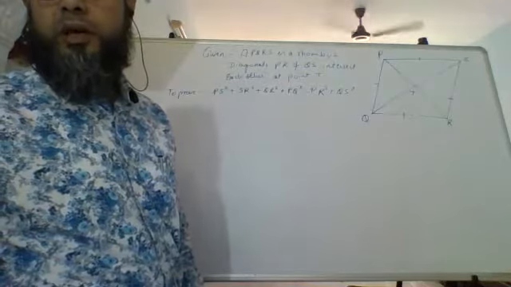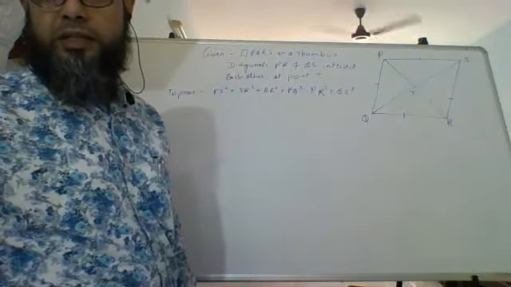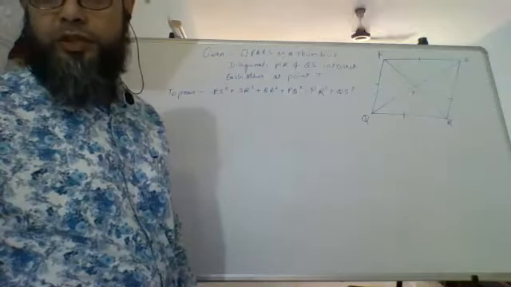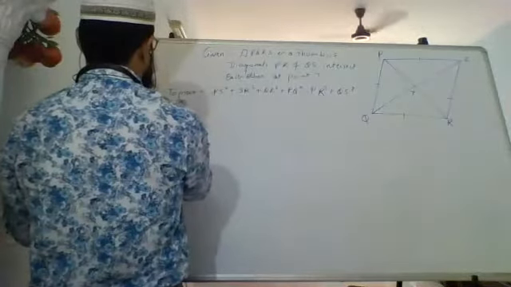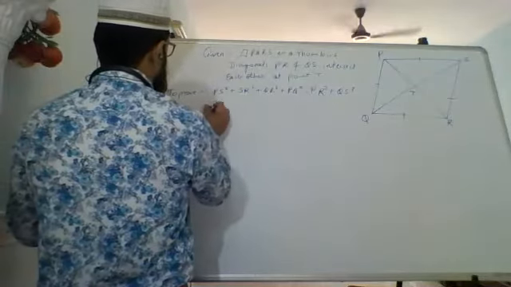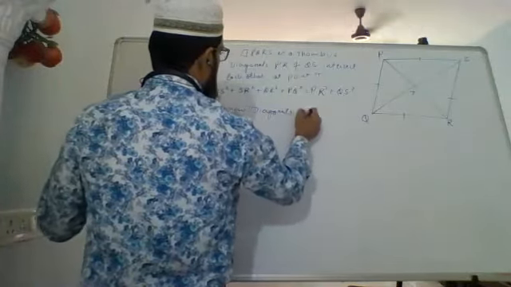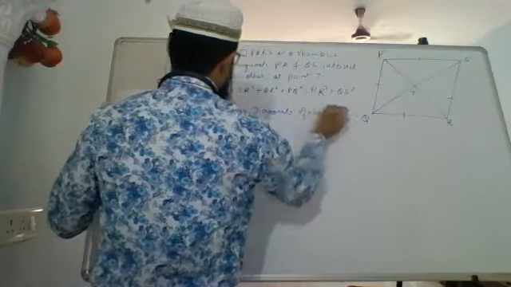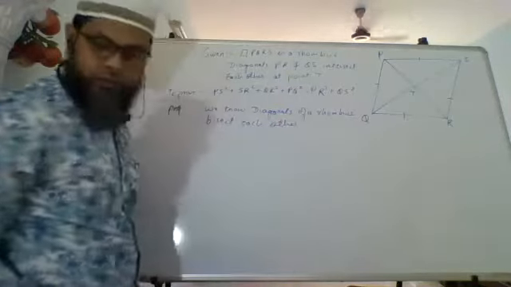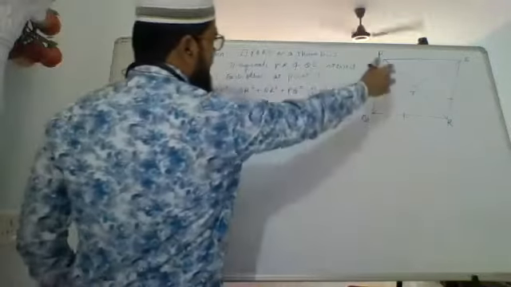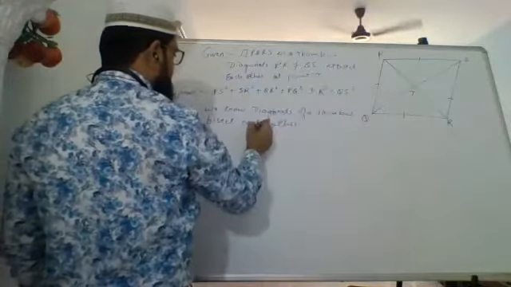Using that property, that means T is going to be the midpoint of QS and T is also going to be the midpoint of PR, because the diagonals bisect each other.